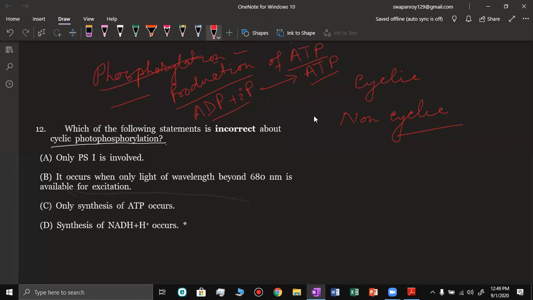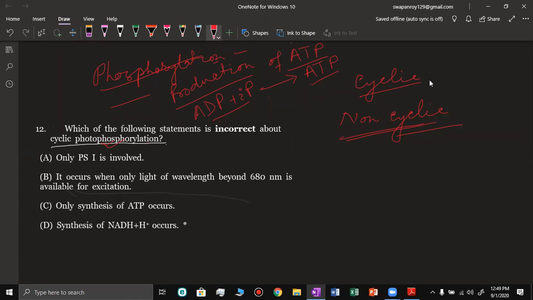In photosynthesis, the phosphorylation process is light dependent, so it is called photophosphorylation. And photophosphorylation takes place in two ways. One is cyclic, another one is non-cyclic.